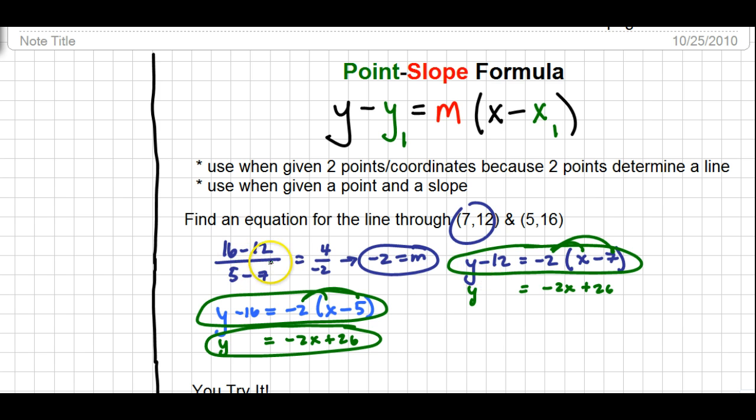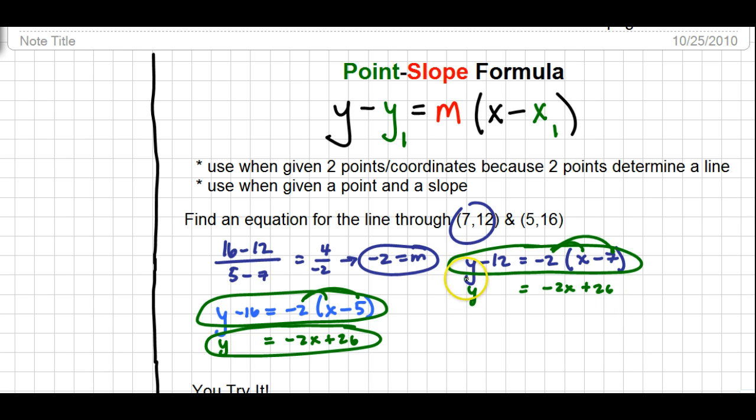However, think about quitting after we did this first one. We would have been done a long time ago. So it's a really great formula for students to utilize. As soon as you calculate the slope, incorporate one of the coordinates, and you can be finished. The only reason you would need to continue on is if it was asked for in a certain form.